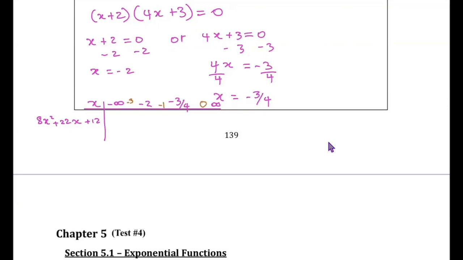And then when I plug in those values into the expression 8x squared plus 22x plus 12, I see that the expression is 18 for x equals -3. Replace x by -1 in the expression.